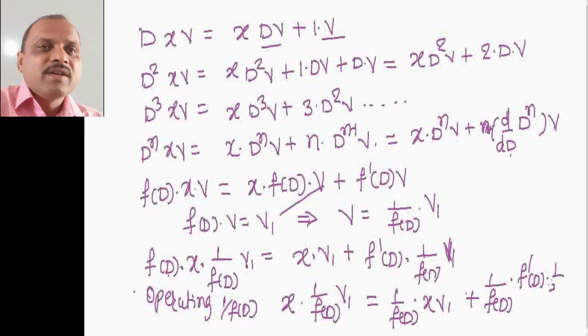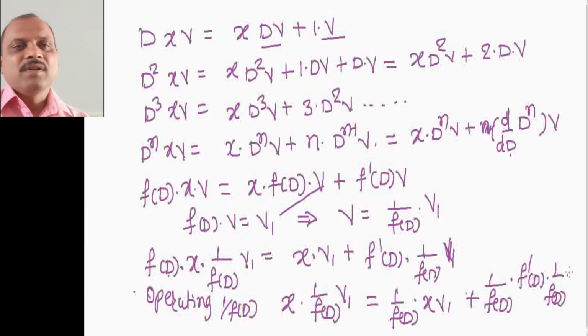So in short, we have first taken the derivative of x into v: first function into derivative of second plus derivative of first into second function. Applying the same rule, we arrive at the equation f(D) into xv equals x into f(D) into v plus f'(D) into v.